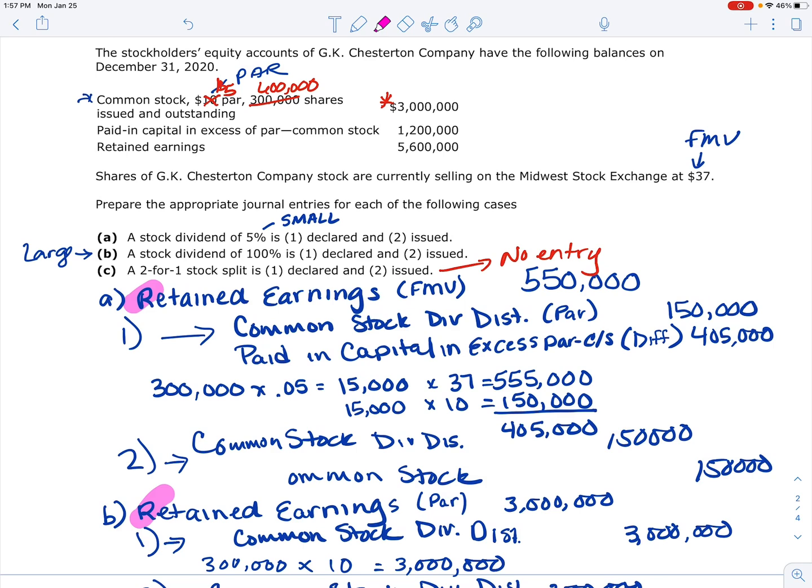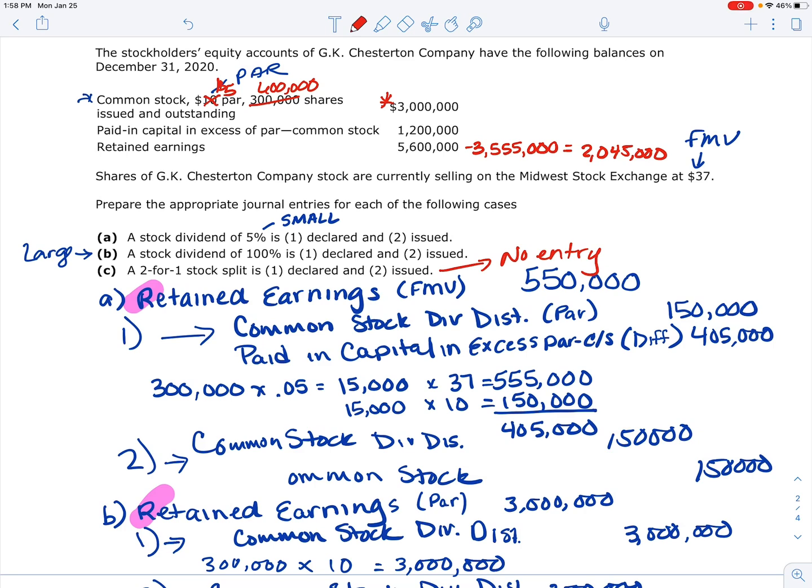So I'm going to decrease my retained earnings by $3,555,000. So the impact of these three transactions on my stockholders' equity would decrease my retained earnings to 2045.